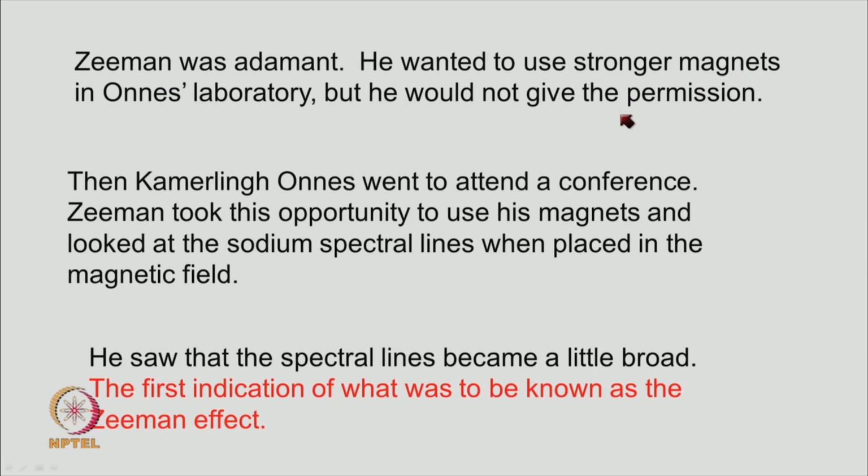So, then Onnes went to attend a conference. That is the opportunity that Zeeman took to use his magnets and look into the spectral lines of sodium atoms. And what he saw was that the spectral lines of the sodium atom just became a little broad, not a great effect, but just a little broad.